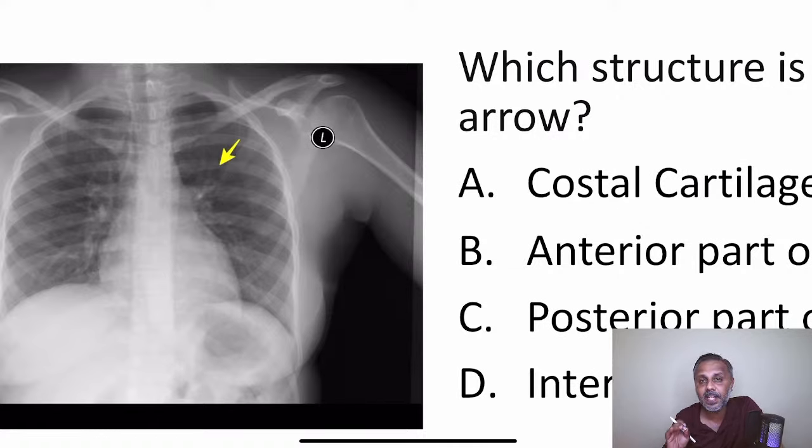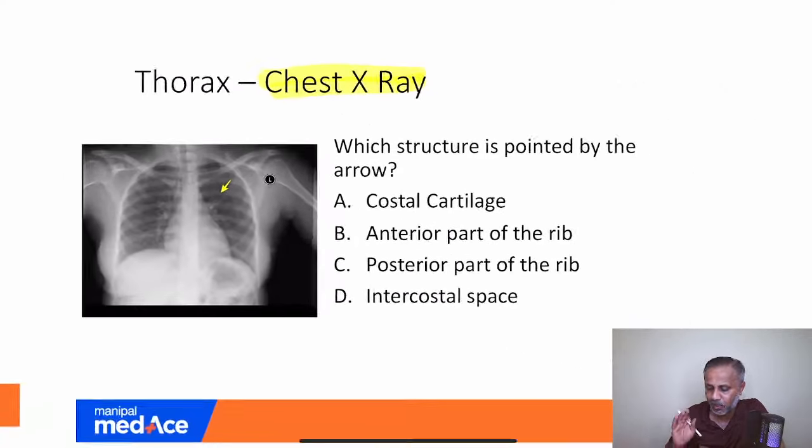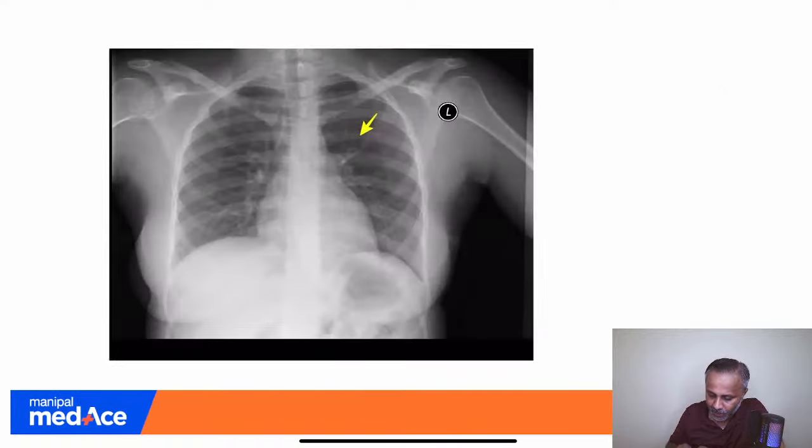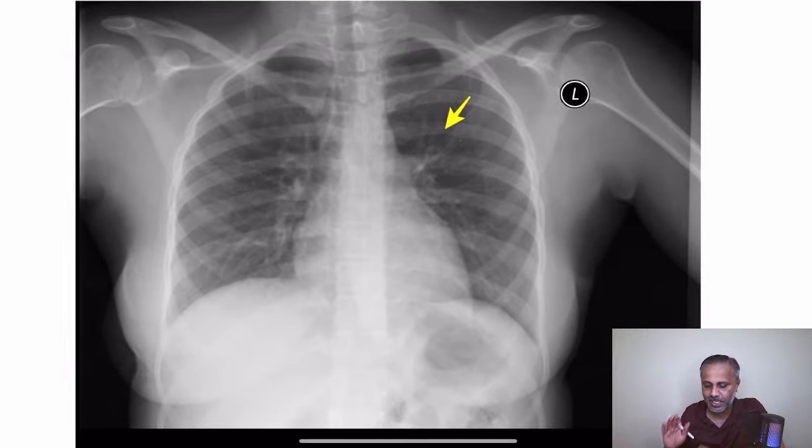Now how to identify whether it is the anterior part of the rib or the posterior part of the rib. If you take an enlarged view of the chest X-ray, forget about the ABCD now. We will concentrate only on the bones. What X-rays are usually taken with respect to the chest?